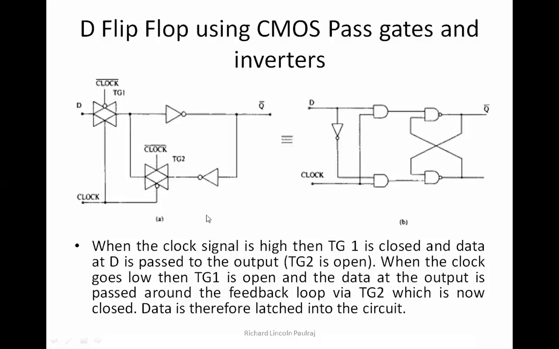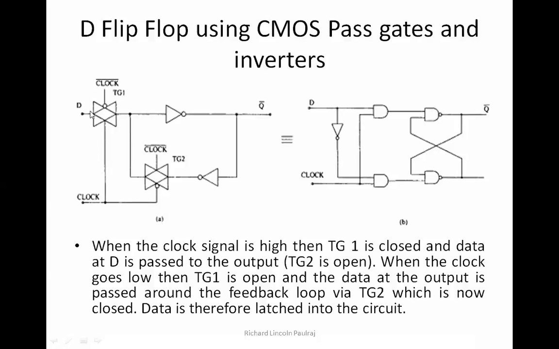Fine. So when the clock goes low, then TG1 becomes open. In the next phase, as I showed you in the clock waveform, if this is closed, this will be open. Because the clock is connected here, and you can see that clock bar is connected here. So either one of them will be enabled.